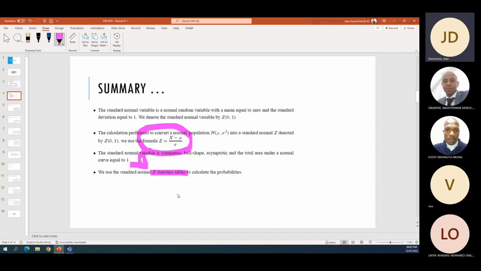We'll go through a few examples of calculating the Z and going to the table. Again, I want you guys, when you go through this, to see which one is the easiest for you to work with.